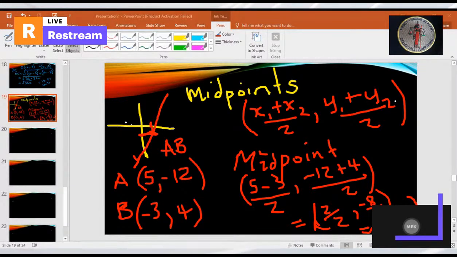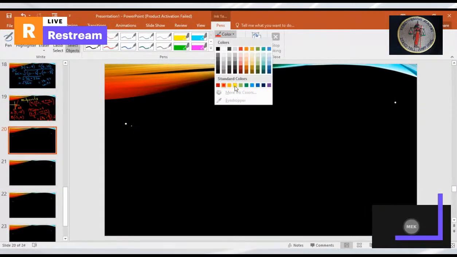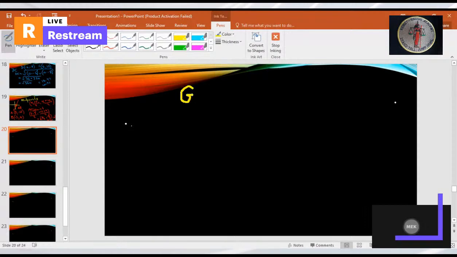However, that's what we're going to do after this. But if you are given 2 points along the line, you can also find the gradient. The gradient is represented by an m.